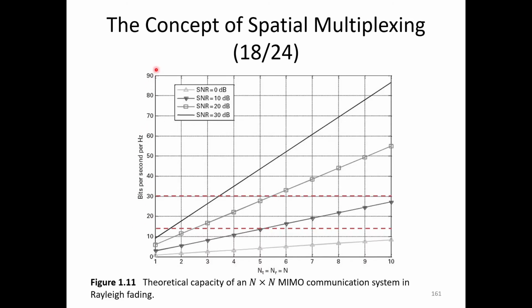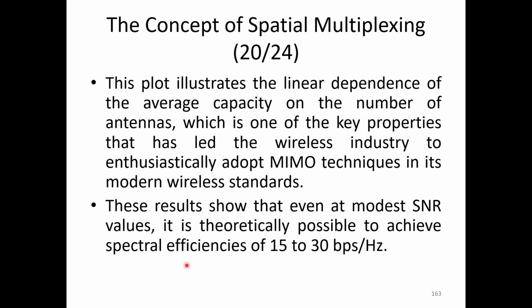You can see that this is the theoretical capacity, this is the number of antennas, and they have a linear relationship, which is one of the key properties that has led the wireless industry to enthusiastically adopt MIMO techniques in its modern wireless standards. The word enthusiastically means that we have a hard heart.